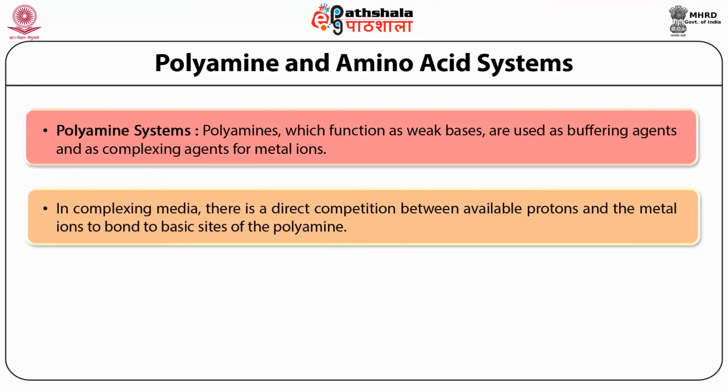In a complexing medium, there is a direct competition between available protons and the metal ions to bind to the basic sites of the polyamines. Thus, a knowledge of the nature of the equilibrium, the acid-base chemistry of these types of molecules, is essential for an understanding of their use and limitations as metal complexing agents.